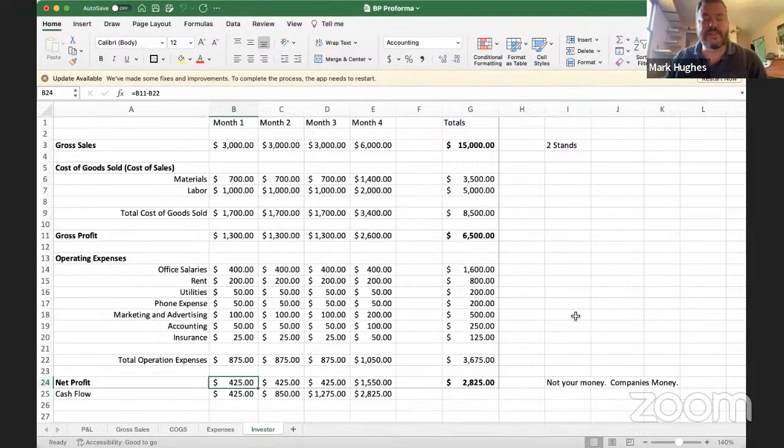And in that case, since your commissions, no matter how you pay them, would be cost of goods sold under labor. But you would be operating expenses because you are not part of the cost to make more money.